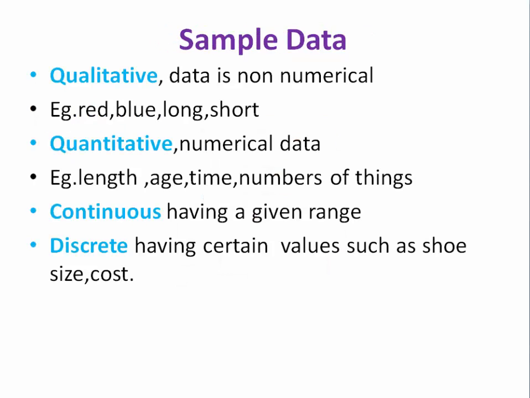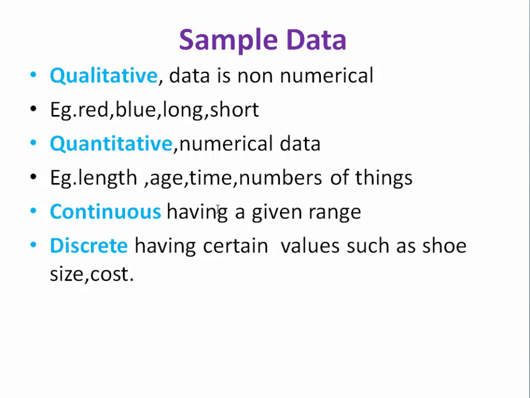Sample data can be qualitative, quantitative, continuous or discrete. Again, these are words that we need to know the definitions of. Qualitative data is non-numerical, like a color, red, blue, long, short, so that's qualitative data. Quantitative data is numerical data, like length, age, time, numbers of things, so it's a number.